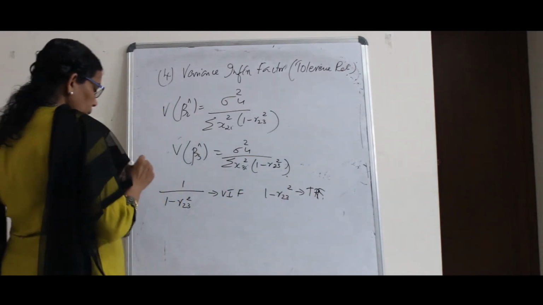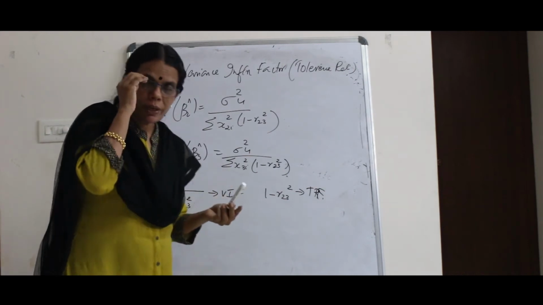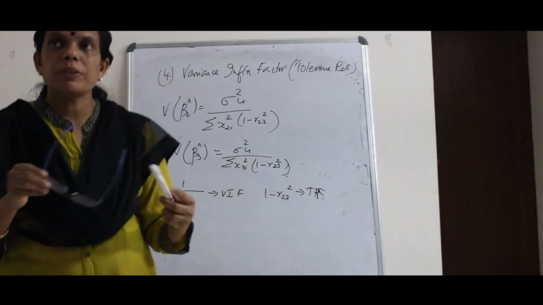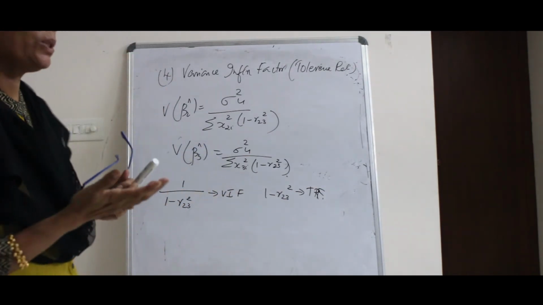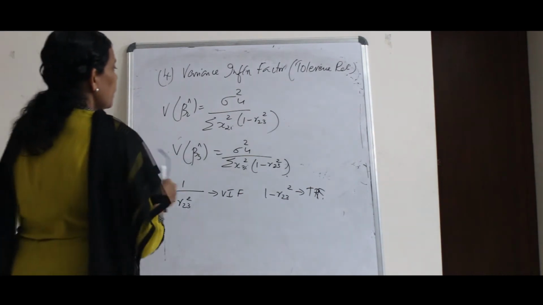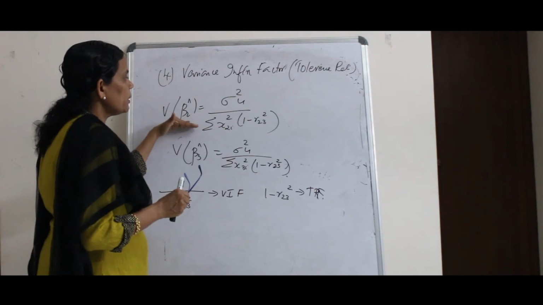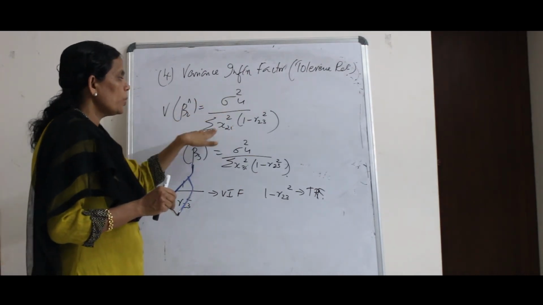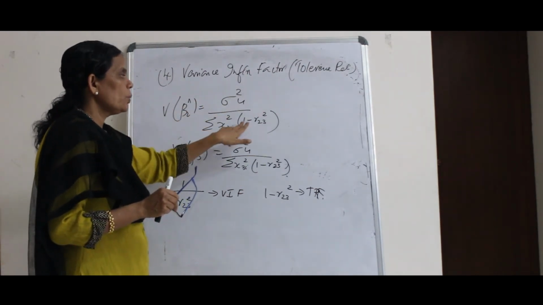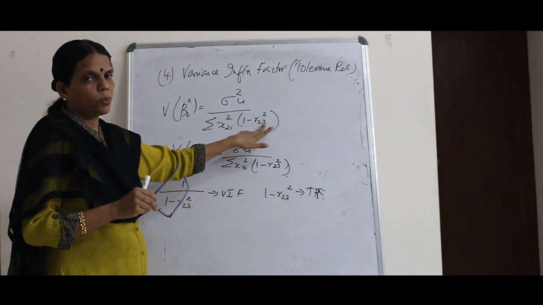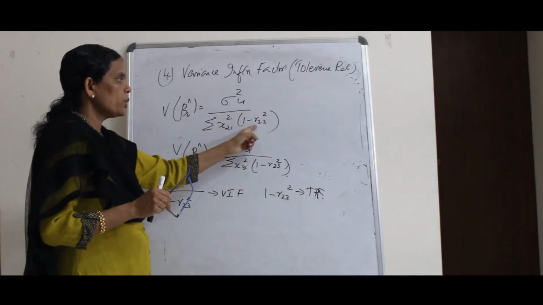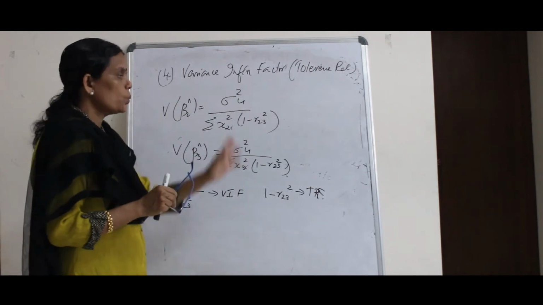See, you have studied the variance of beta 2 hat, which is sigma square u by sigma xi square. Since it is a three-variable case, you have x2 and x3, then the variance of beta 2 hat becomes sigma square u by sigma x2 square into 1 by 1 minus r23 square. That's a correction factor, the correlation between x2 and x3.